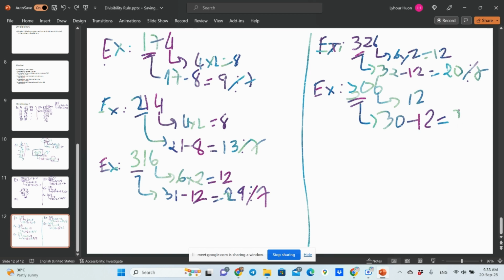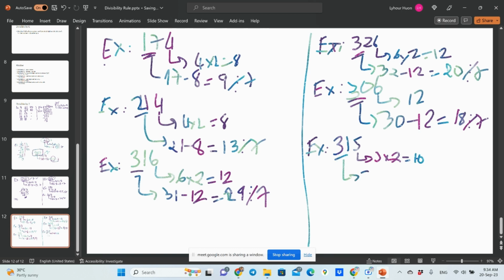Still not divisible by 7. Oh my god. Still not divisible by 7. 315, please. 315. So double 5 is 10.